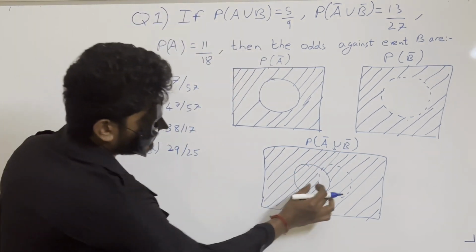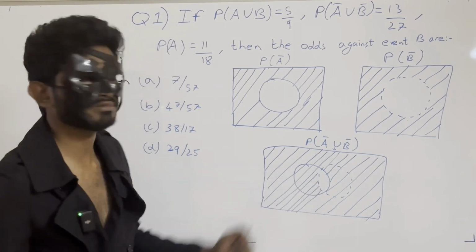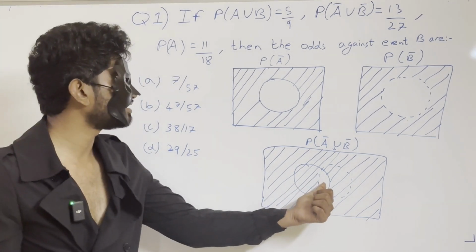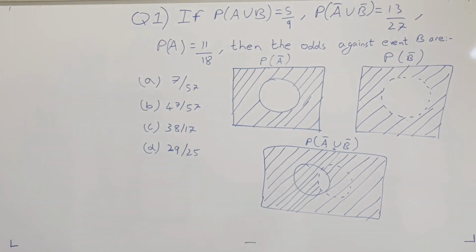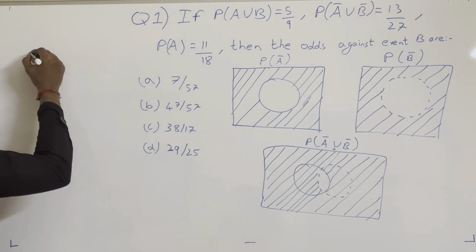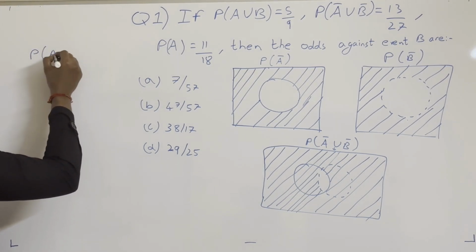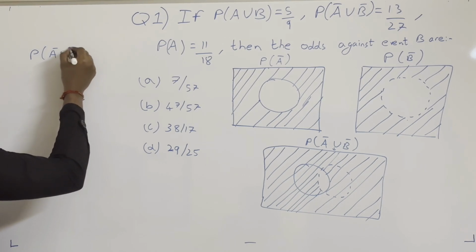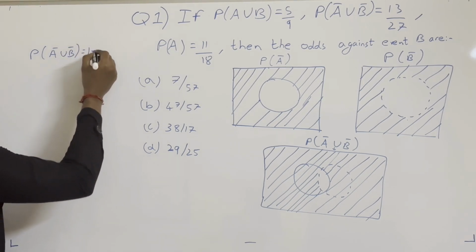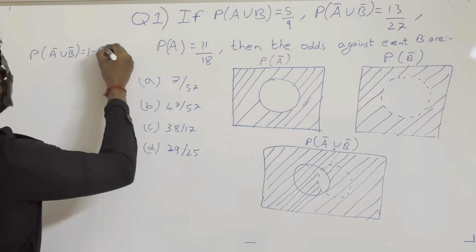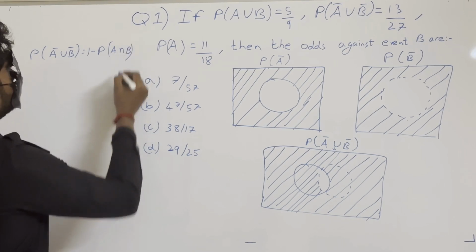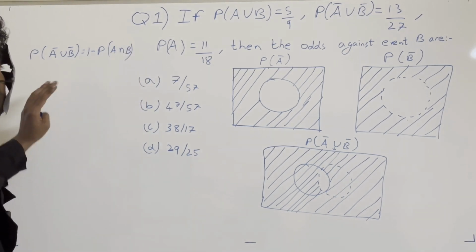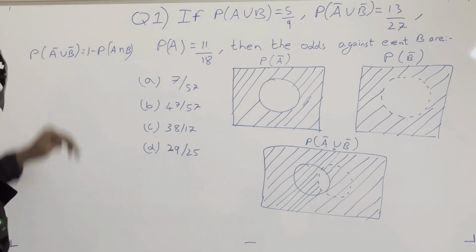Here we can see that this intersection part is not getting involved. So what will be the formula of P of A naught union P of B naught? It is nothing but 1 minus P of A intersection B. This is one formula which we need to remember.